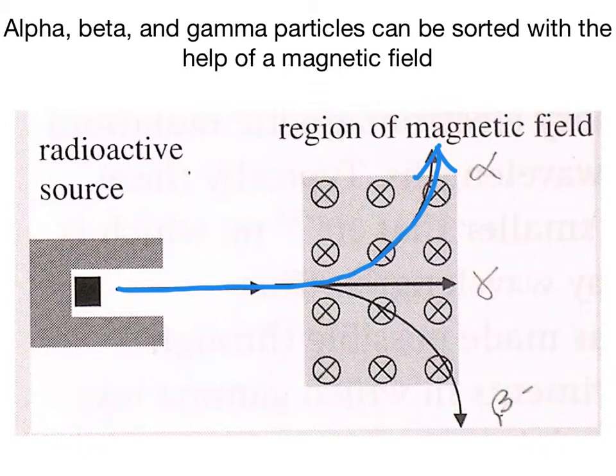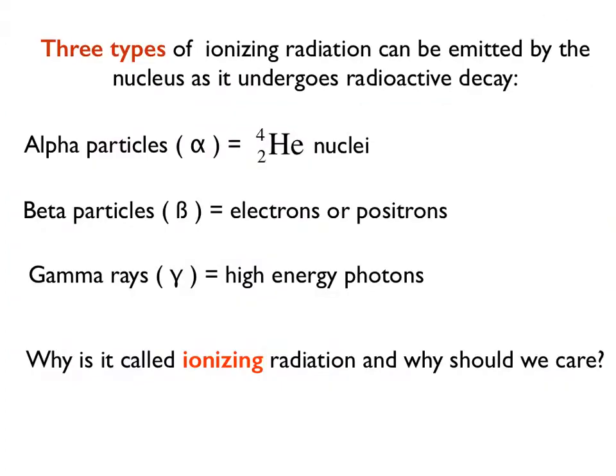A negative particle, such as a negative beta, an electron, would curve to the right. Again, you can determine that by using your right-hand rule. And since a gamma ray has no charge at all, it's not affected at all by a magnetic field, and that's why you see in the picture that the gamma ray will go straight through the magnetic field.